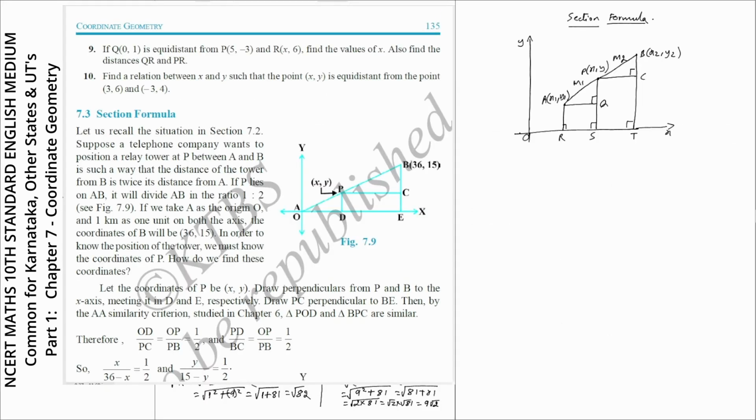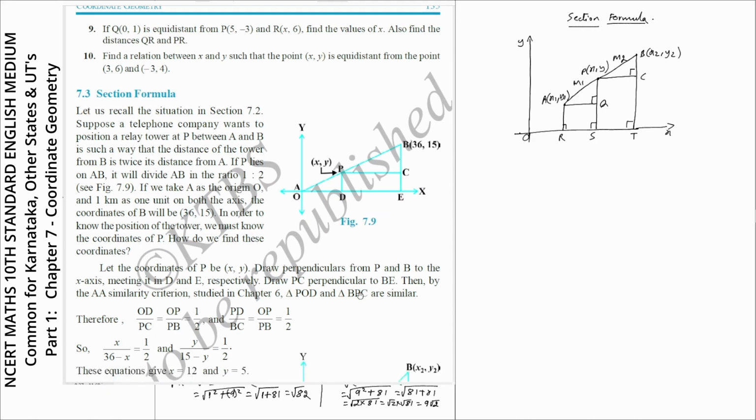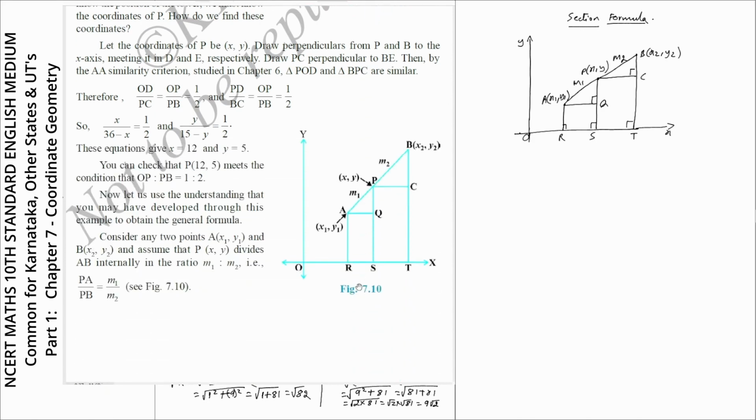The next topic is section formula. So in the textbook you can see there's one diagram given here, same thing I've drawn here. Now here you can see there's an xy plane, this is the origin.